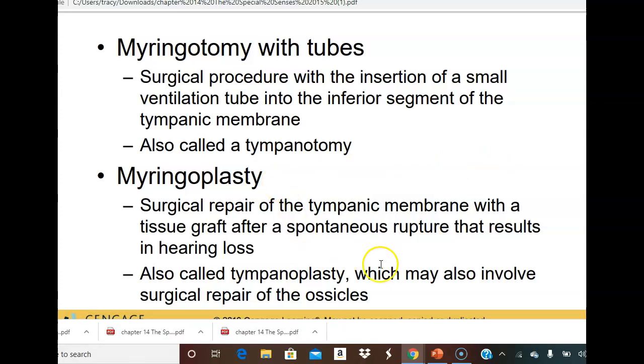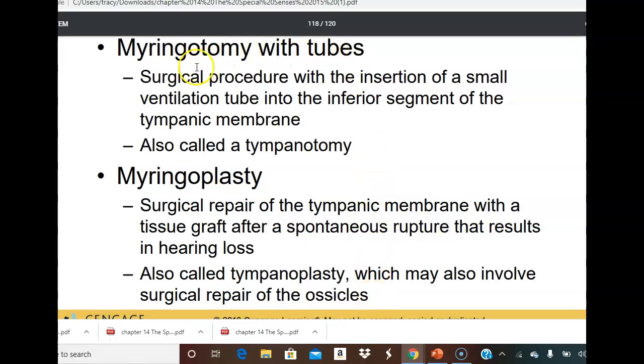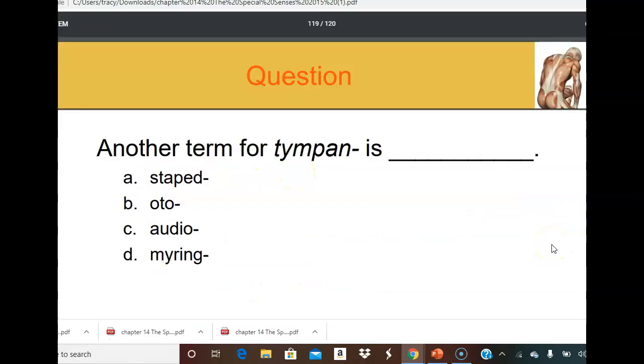A myringoplasty or a tympanoplasty would actually be a surgical repair. If something ruptures and causes a hearing loss, you can have replacement of that eardrum. And they can also replace the ossicles if need be. So the myringotomy is the tubes. A myringoplasty is where you're surgically repairing the whole area.